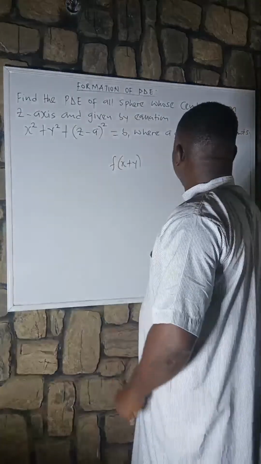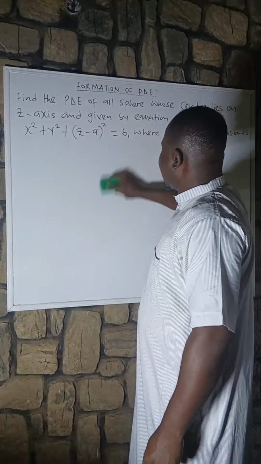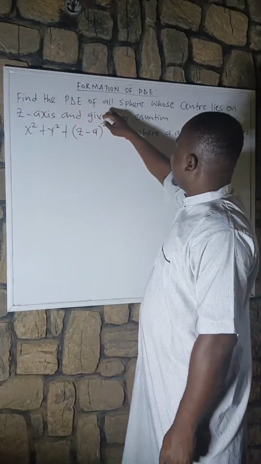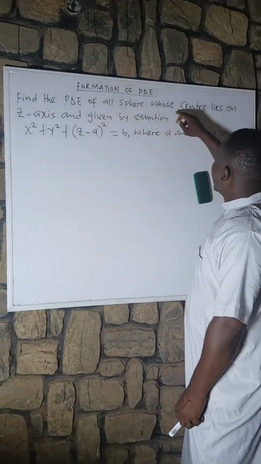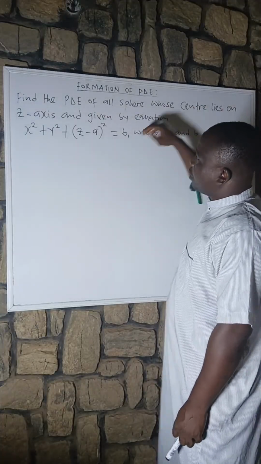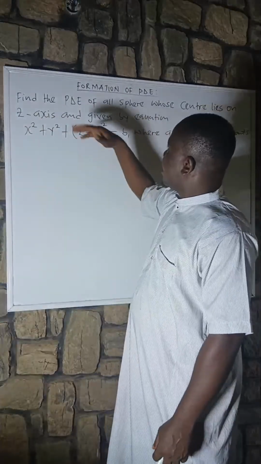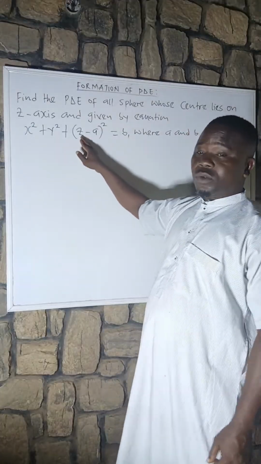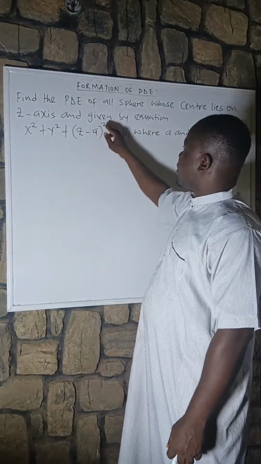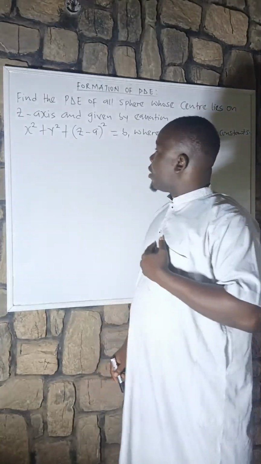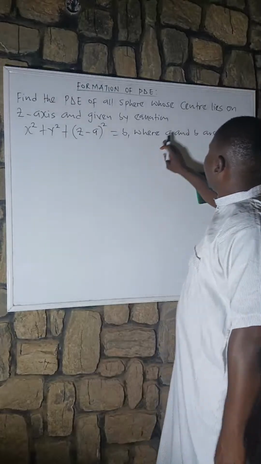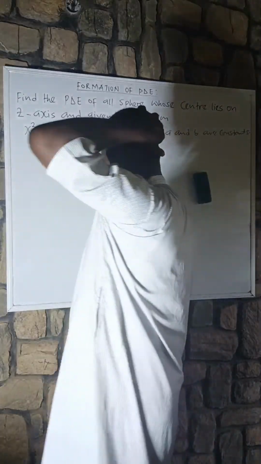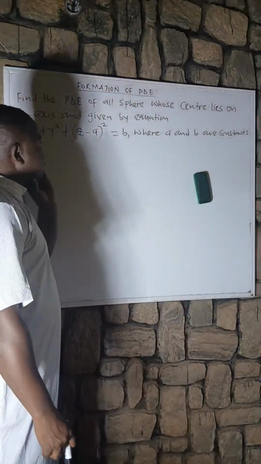So let's proceed further to do what I want to do tonight. Here is the question. Find the PDE of all spheres whose center lies on the z-axis and given by the equation x squared plus y squared plus (z minus a) all squared equals b, where a and b are constants.